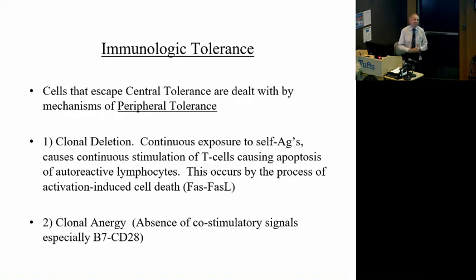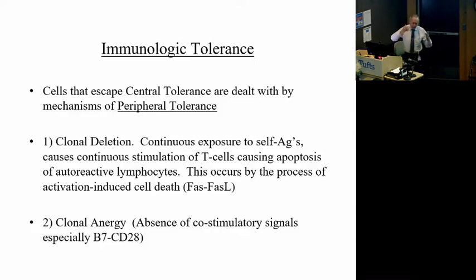And there are two ways that this may occur. The one is called clonal deletion, which says that continuous exposure to an antigen causes continuous stimulation of T cells. And those T cells are so stimulated, they turn off and they die, because they are overstimulated, you see?